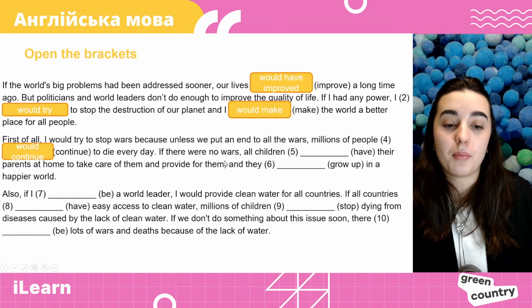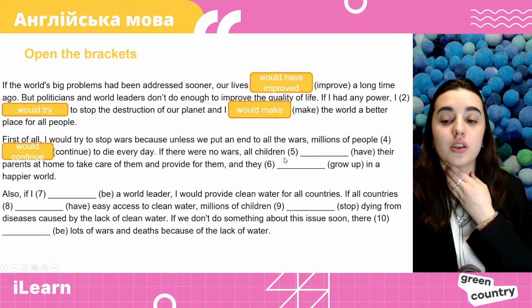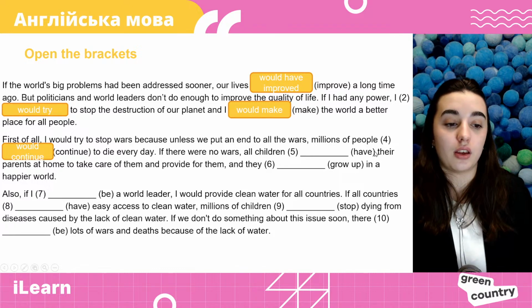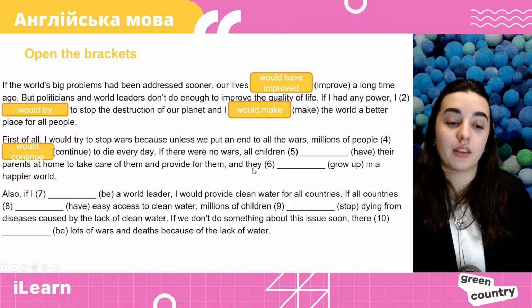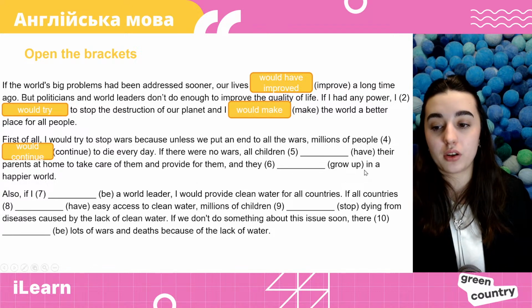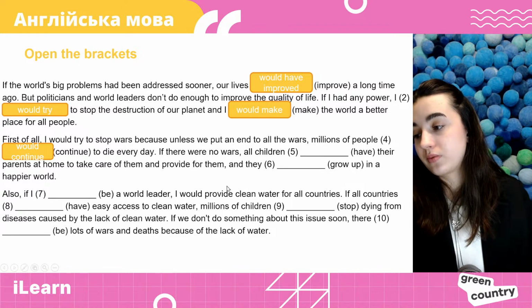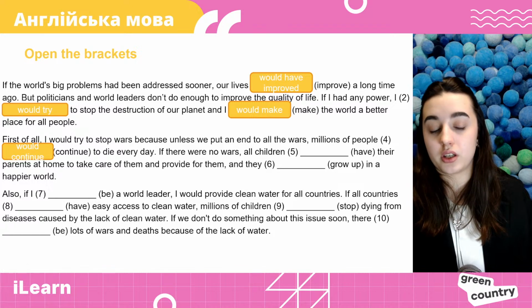Okay, number 5. If there were no wars, all children, their parents at home to take care of them, and they grow up in a happier world. So what conditional is it?